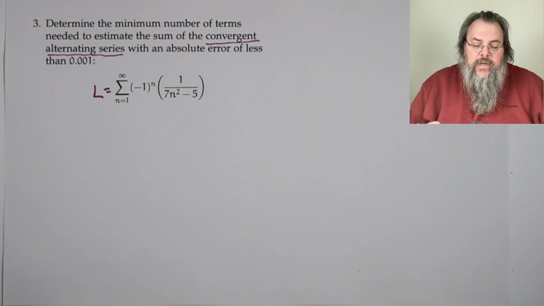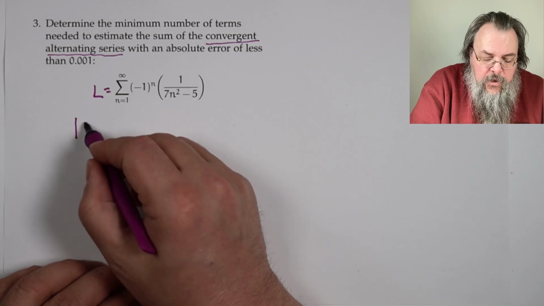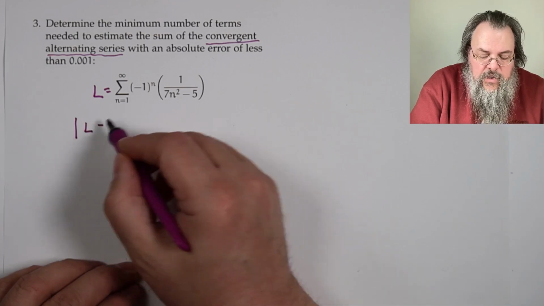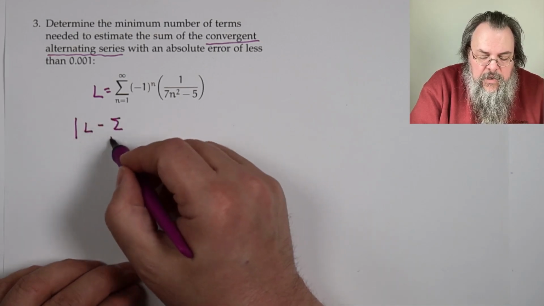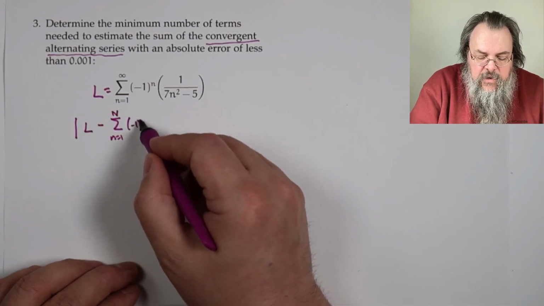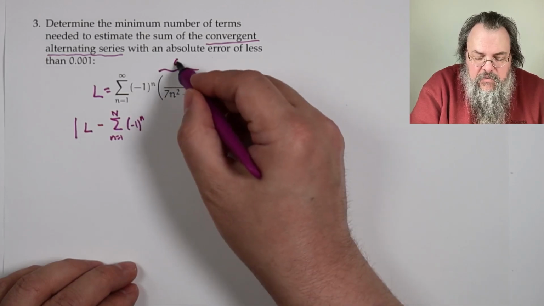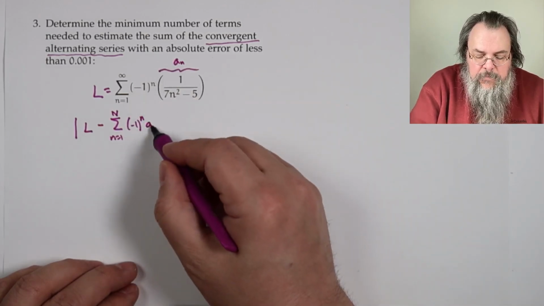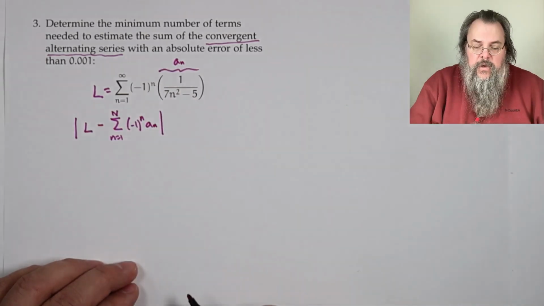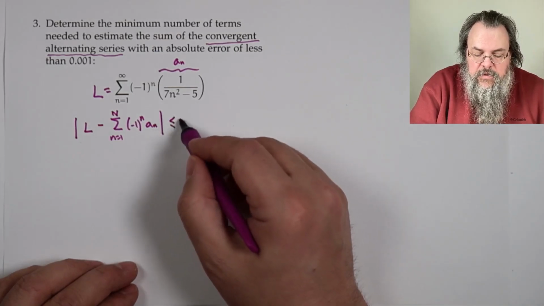Now, we say, okay, what's our goal? Well, we want to say, how far do we have to go so that if we just stop at, say, the nth term of this series, and I'm just going to call this a sub n, just so we have it general, we want this to be less than or equal to 0.001.